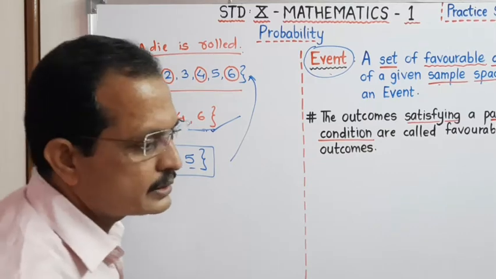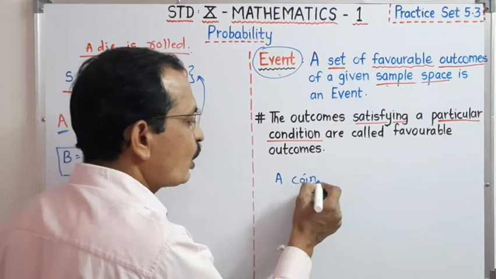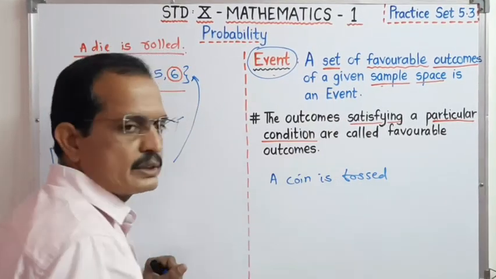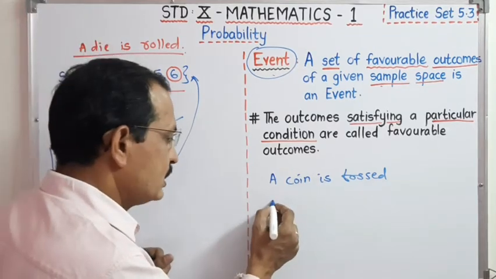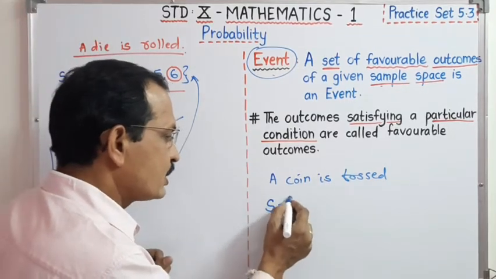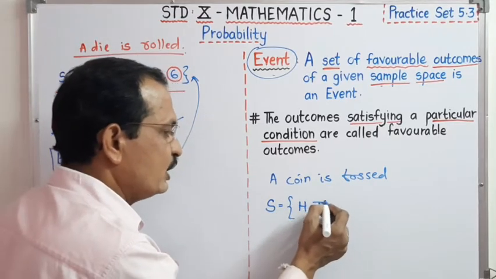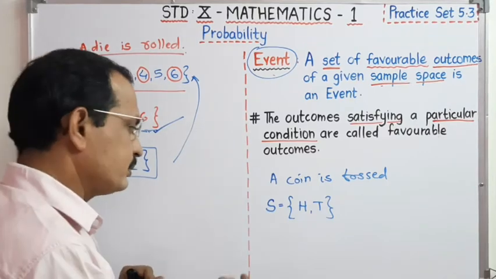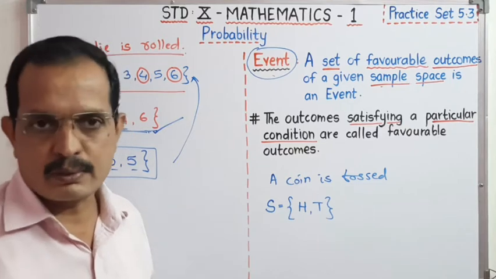We take another example. Suppose a coin is tossed. For this, what is the sample space? S, the sample space, is H and T. Now I have to write head on the upper surface.